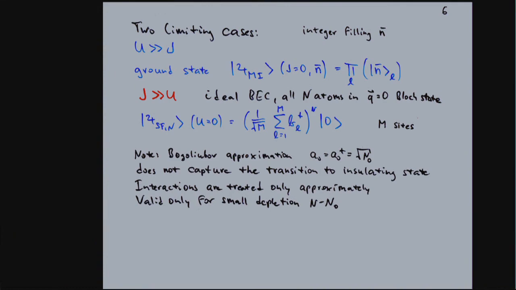It's also trivial to discuss what happens if J is much, much larger than U, because then I simply neglect U, and I have a free gas of Bloch wave functions, but that's the same as a free gas of plane wave functions. It's just that quasi-momentum replaces momentum. If you have just an ideal Bose gas in a periodic lattice, instead of Bose-Einstein condensation in the lowest momentum state, you have Bose-Einstein condensation in the lowest quasi-momentum state.